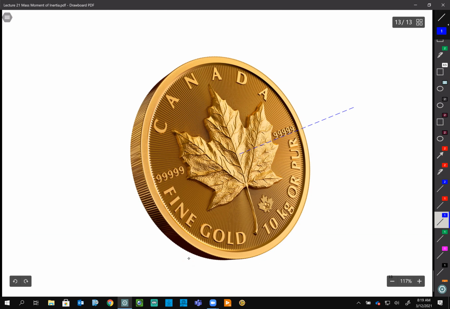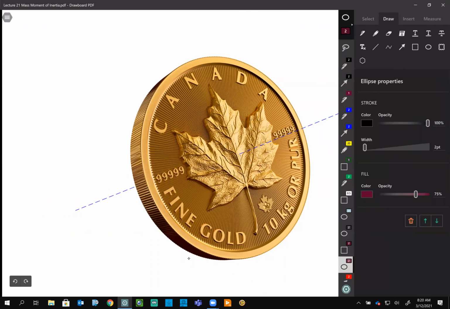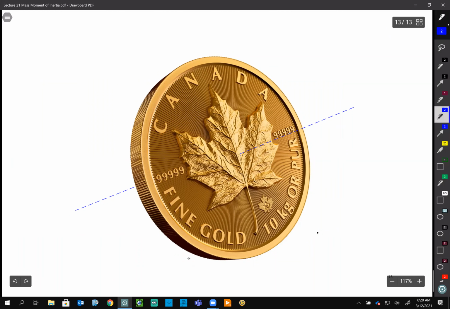So here is the question. Let's say I have a disk like this, 10 kilograms of gold. So we have the mass, and let's say we have the radius.